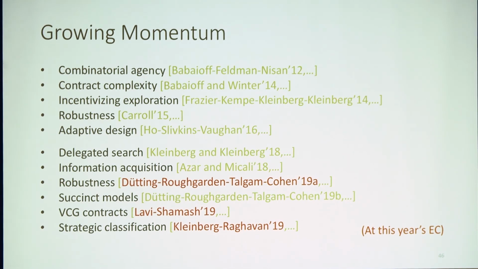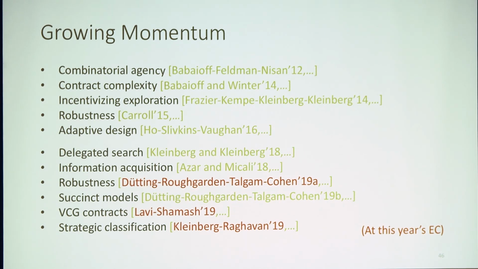As I said, we call this a new frontier for AGT, but actually, if you follow this classification, there have been some important pioneering works, in particular the combinatorial agency literature, which already started in 2006, but there's a whole lot of other work. Contract complexity, incentivizing exploration, robustness we saw, adaptive design, so kind of multi-armed bandit work. That's what I would call the first phase.